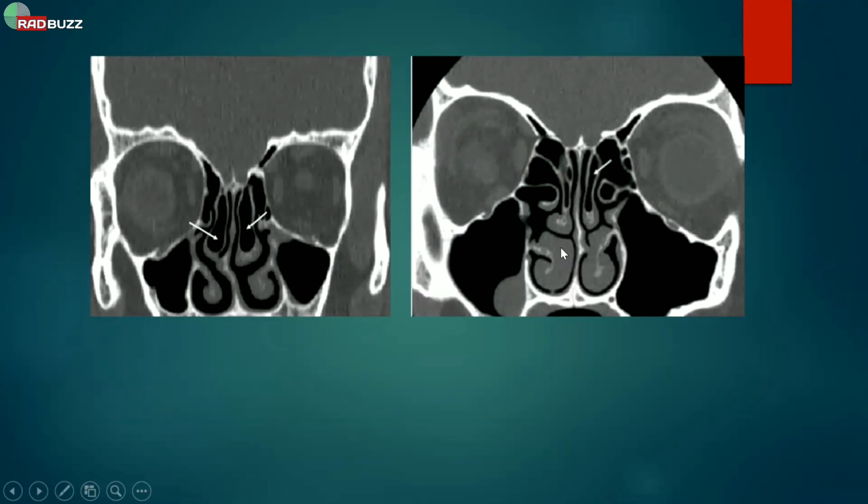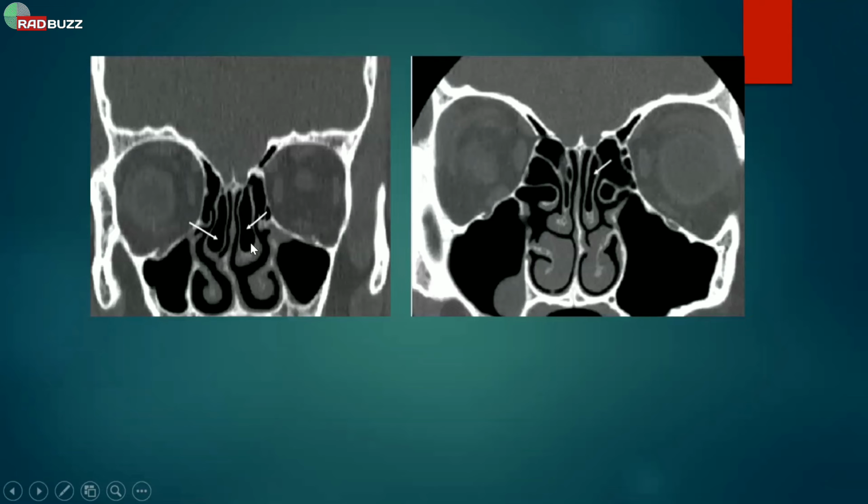Now, if you see, this is the inferior turbinate, this bony thing, and that's the concha here, the middle one, and the superior one. Now, if you see this picture, the coronal image, we can see the bony projection. There's pneumatization, there's air within this bony area. If the middle turbinate is aerated like this, it is not normal.